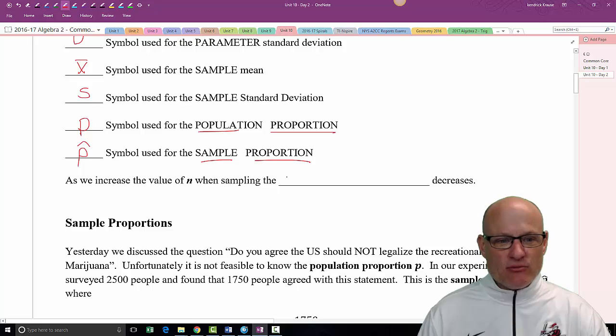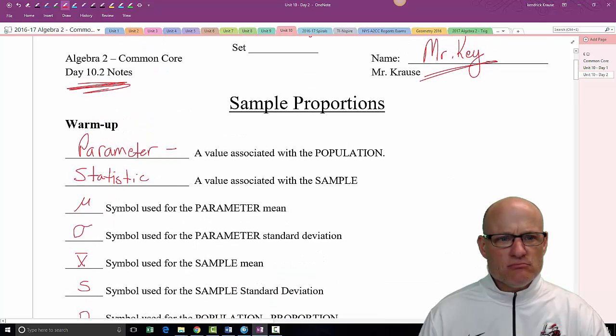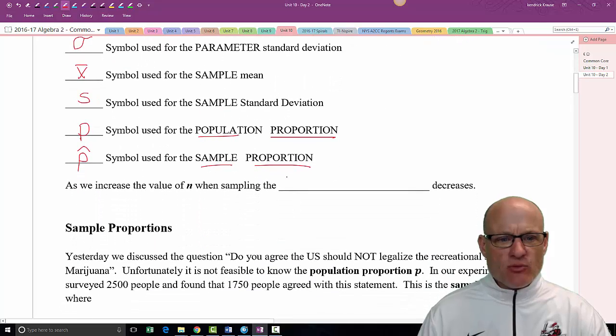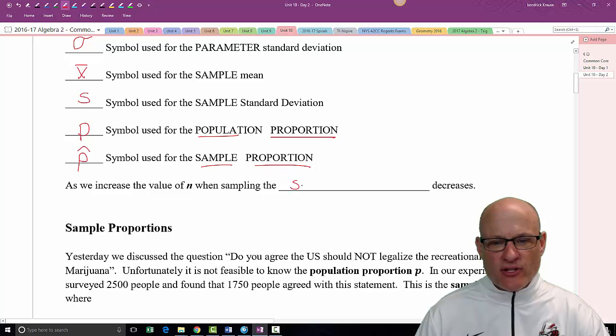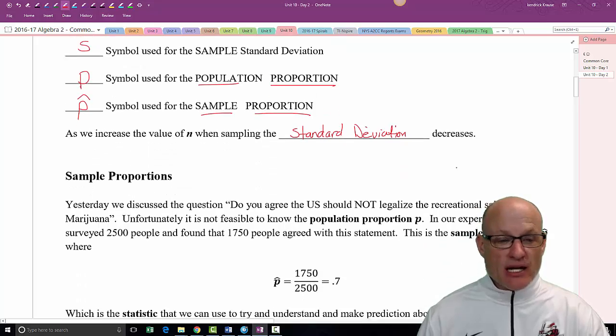And as we increase n, what happens to the standard deviation? We talked about this yesterday. The standard deviation decreases. Spelling deviation. That's embarrassing. Deviation. Decreases. All right, let's get started today.